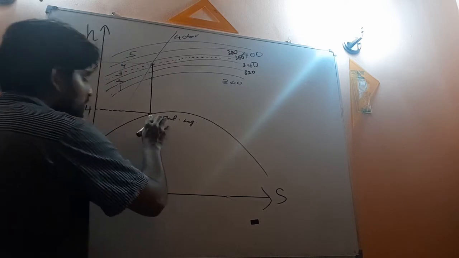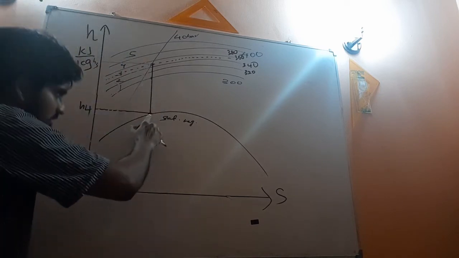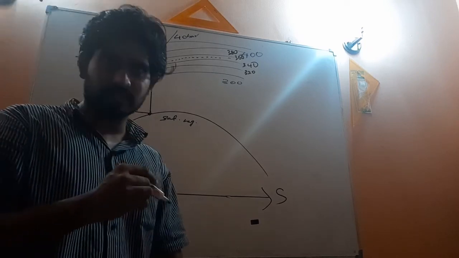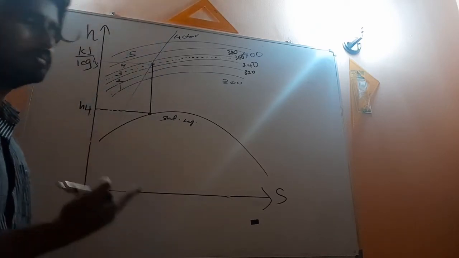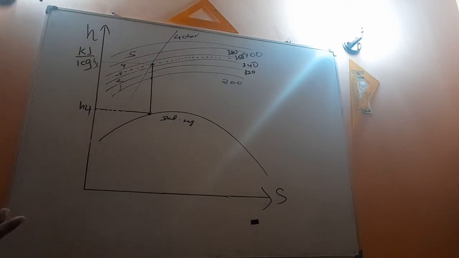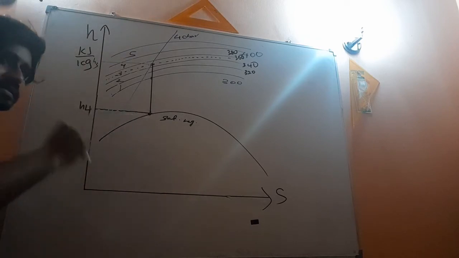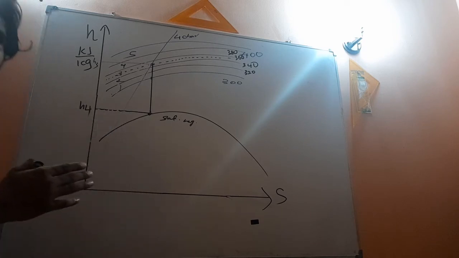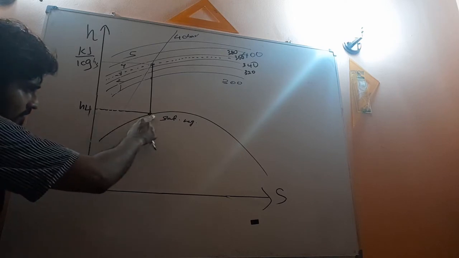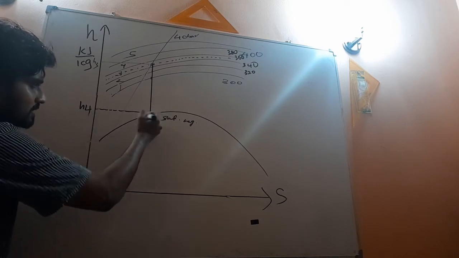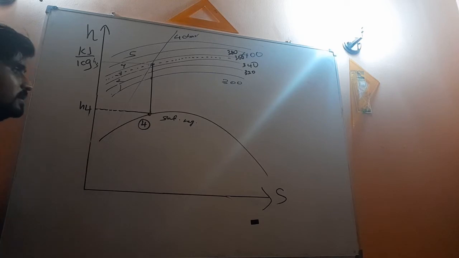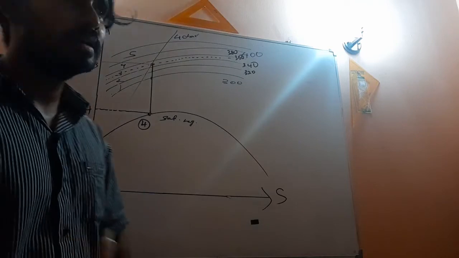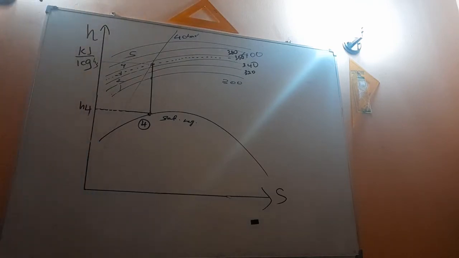At this point onwards, when it reaches this point, it represents the ending state of the first turbine process. So when the first turbine process ends, the state of steam is dry saturated. This point represents point 4, symbolizing saturated steam at a particular pressure. So what is that particular pressure?